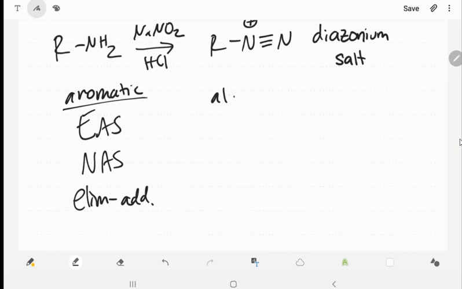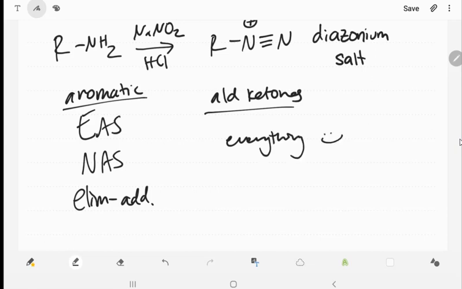And then we have aldehydes and ketones. That's all it is. So I put some practice for electrophilic and nucleophilic substitutions and elimination addition, though that's less useful. Those are in the extra resources tab. And I just put some stuff on aldehydes and ketones.